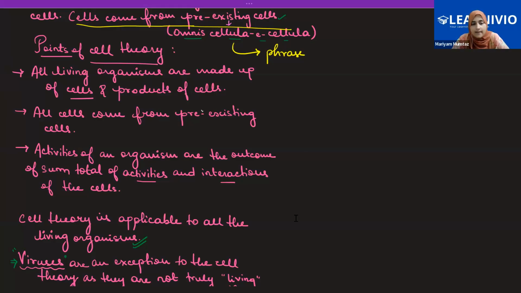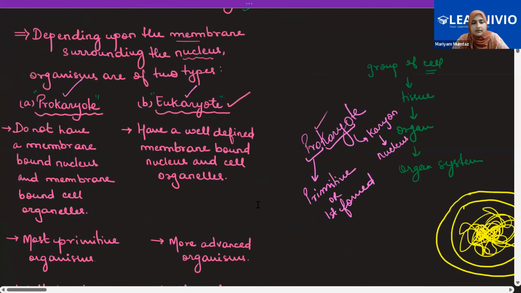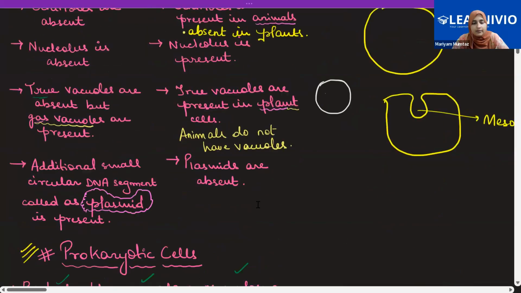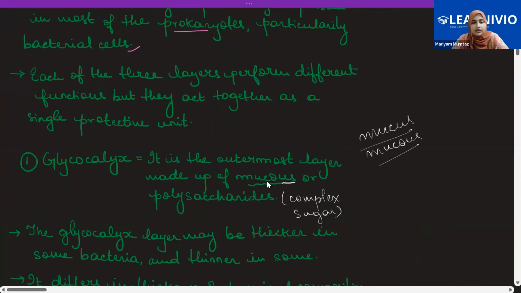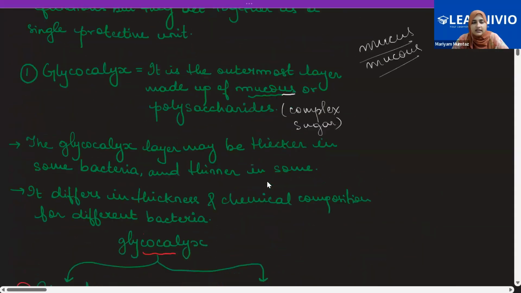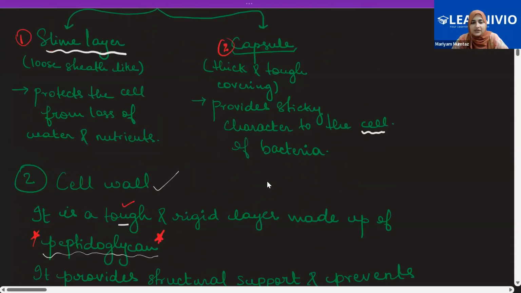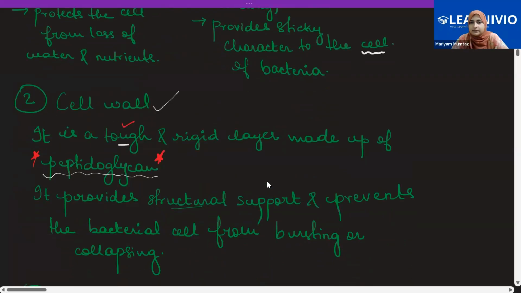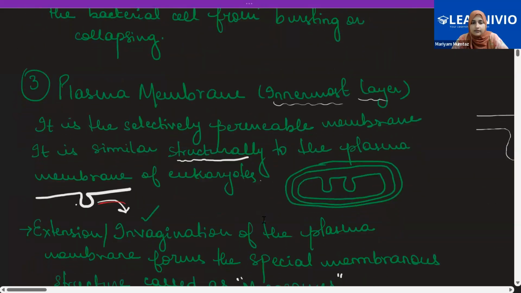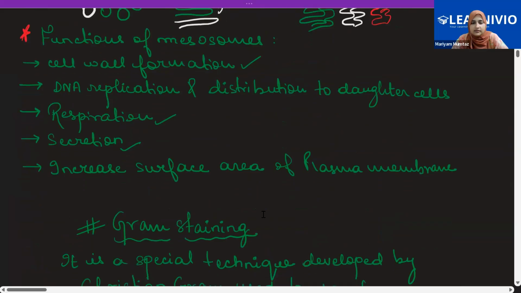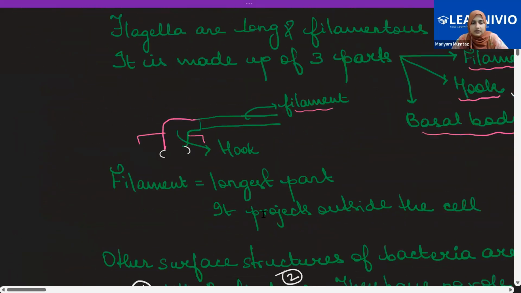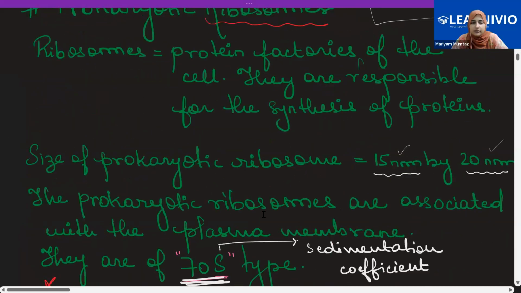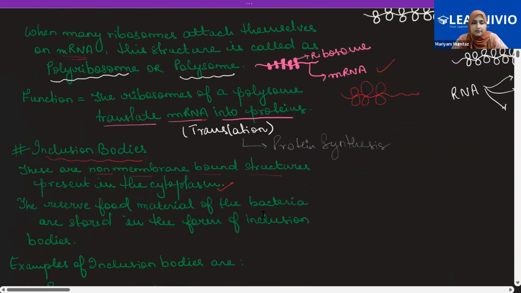The plasma membrane. Plasma membrane. Okay. So, have we done this thing? Glycocalyx, slime layer, capsule, all of them? Yes, ma'am. Okay, and mesosome, Gram stain is also done. That's done. Prokaryotic ribosome, this was also done, right? Yes, ma'am.